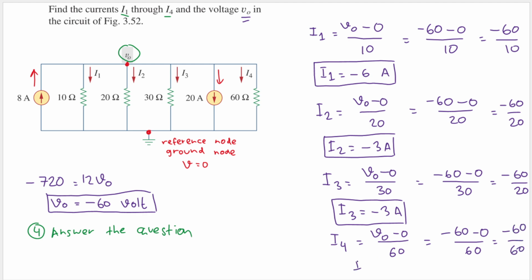Therefore I4 is equal to minus 1 ampere. And I think we have answered all the questions, because we know all the currents I1 through I4 and also V0.